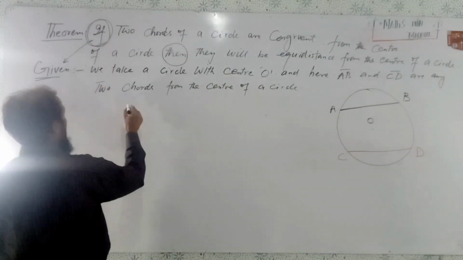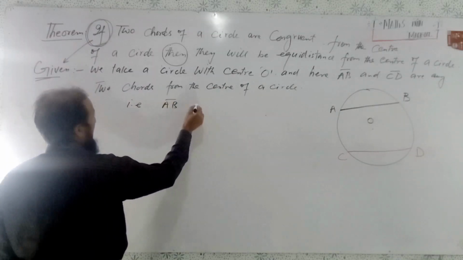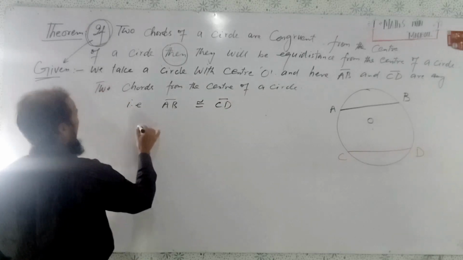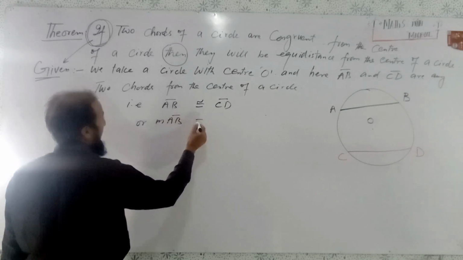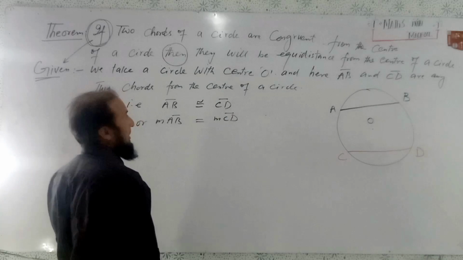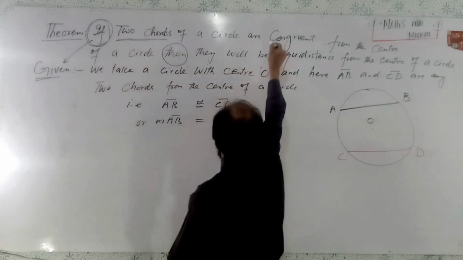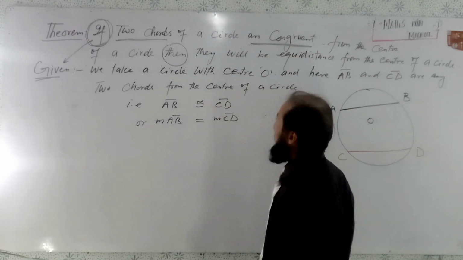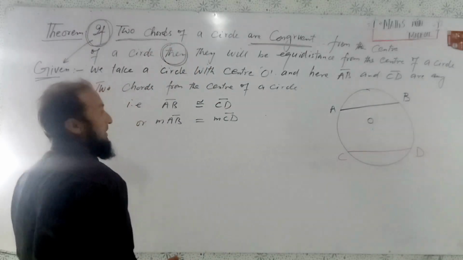So we write that AB is congruent to CD, or we can say that measurement AB is equal to measurement CD. That is the statement already given: the two chords of a circle are congruent. Now we want to prove that they will be equidistant from the center.